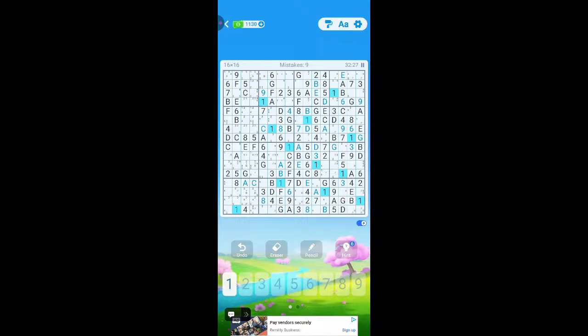Fuck. According to this, there's only a 2 here, so that better be fucking right. Was that an 8? Cool.